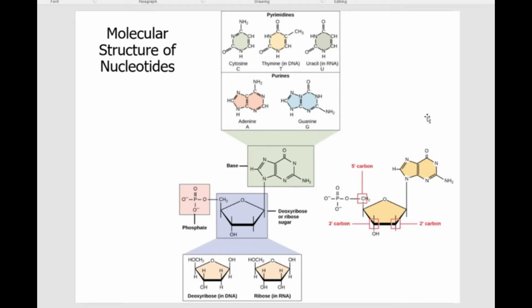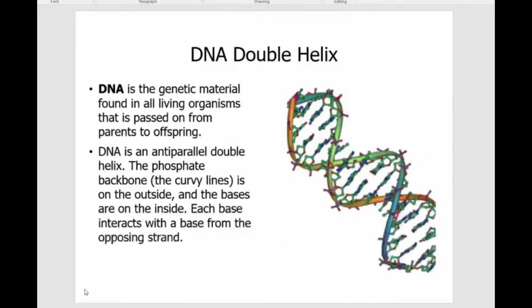Okay. So when you have all these nucleotides, this is one nucleotide, right? Now you are going to link them together to form very, very long chains. This is a DNA formed by all those nucleotides. Now you can see that there are 2 chains, right? This is one chain and this is another. So DNA consists of 2 chains, and those 2 chains will form a double helix structure.